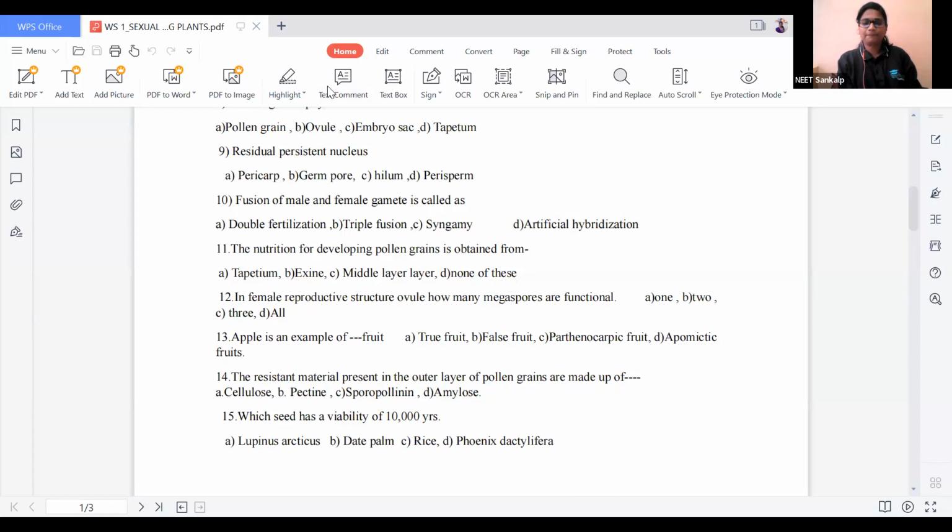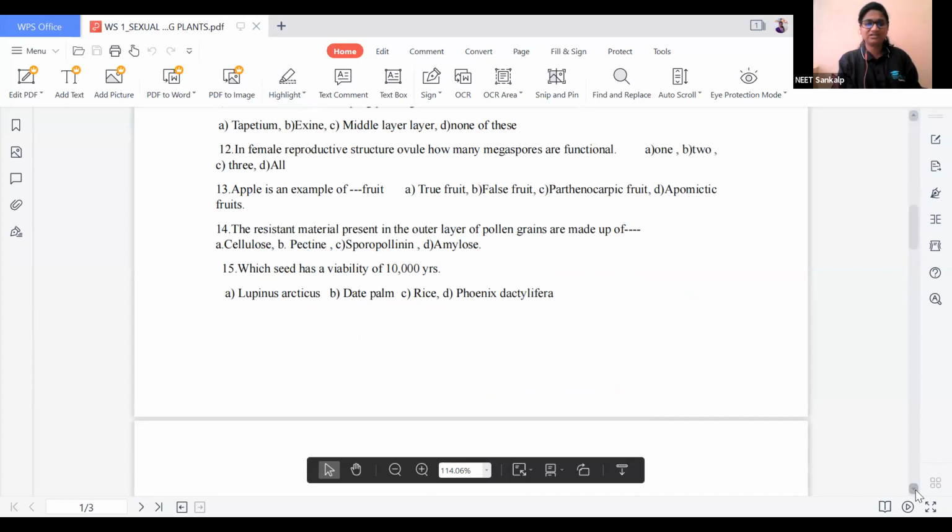Then, what about others? Okay, so Diksha. Fine. Option A, Lupinus arcticus is the right answer, whose seed has a viability of 10,000 years.